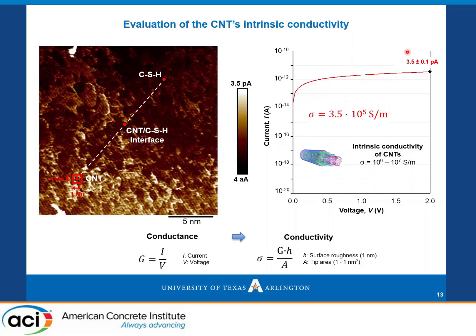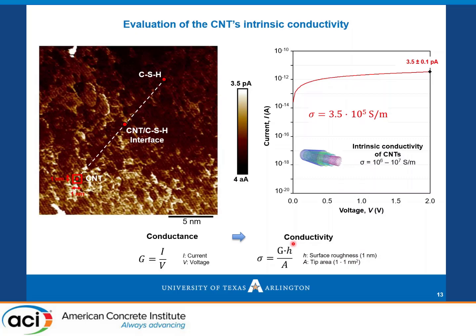And we used this value here, the ratio of current to voltage, which is practically the conductance. We calculated this value, and we use it to evaluate the electrical conductivity at that particular spot.